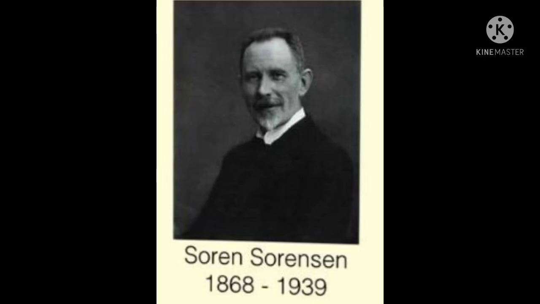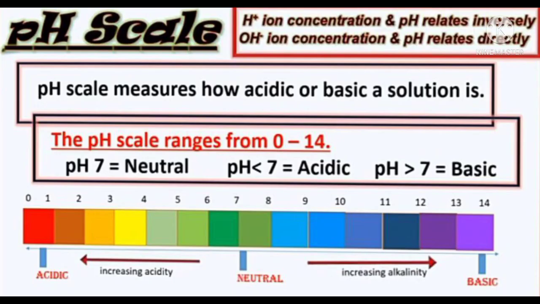Before that, what is pH? pH means power of hydrogen, or H plus ion concentration. So if you find the H plus ion concentration, then we can use the pH scale. The pH scale has values from 0 to 14.